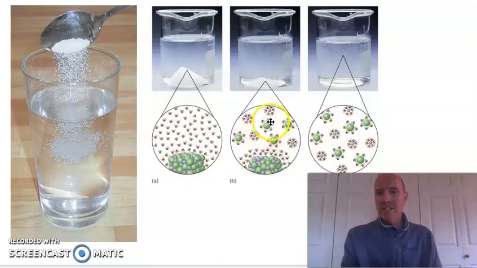And the hydrogen side of water, which is positive, surrounds chlorine, which is negative. Opposites attract. And because the hydrogen bond that the water makes with the ion is stronger than the ionic bond, it pulls it apart. And eventually, none of the crystal is left connected together. All the ionic compounds have dissolved.